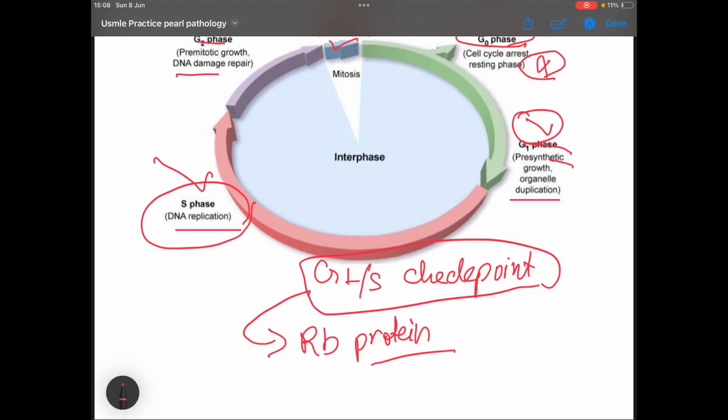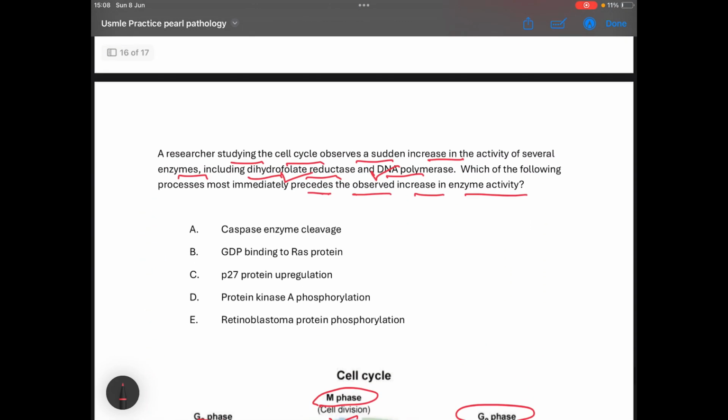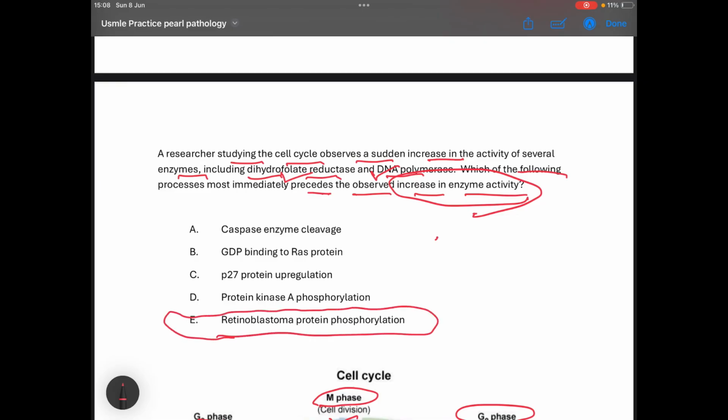Our question asks which process most immediately precedes the increase in enzyme activity, and that is retinoblastoma protein phosphorylation. What happens when the cell is stimulated by a growth factor? Cyclin D, cyclin E, and the corresponding cyclin-dependent kinases act, and the retinoblastoma protein is phosphorylated.